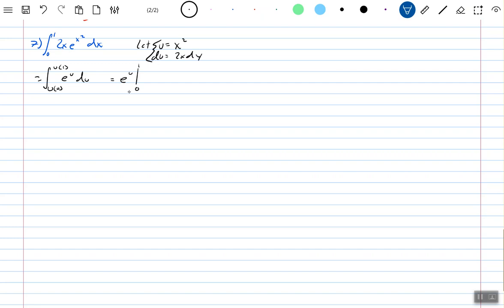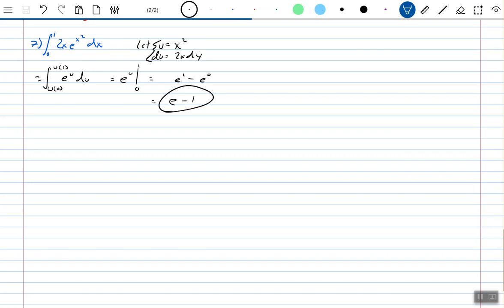Why is the integral of e to the u e to the u? Because the derivative of e to the u is e to the u. And now we just evaluate the endpoints, so we get e to the first minus e to the naught, and that's just equal to e minus 1. When you're doing these integrals with a function times e to some other function, let u equal that function up here. Nine times out of 10, it'll get the job done.